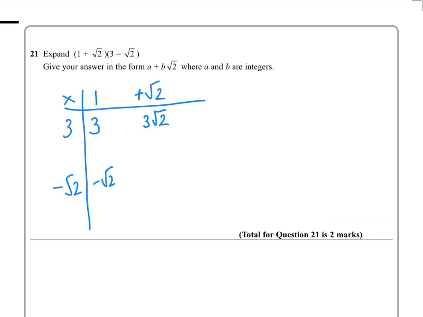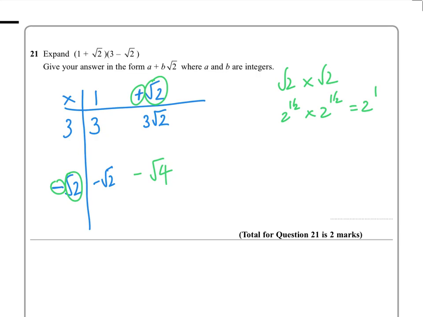And then be careful here, a minus times a plus is a minus. And then root 2 times root 2, you can either write root 4 or think in your head root 2 times root 2 is 2 to the half times 2 to the half, which is 2 to the 1, which is just 2. So you could have written just 2 there.